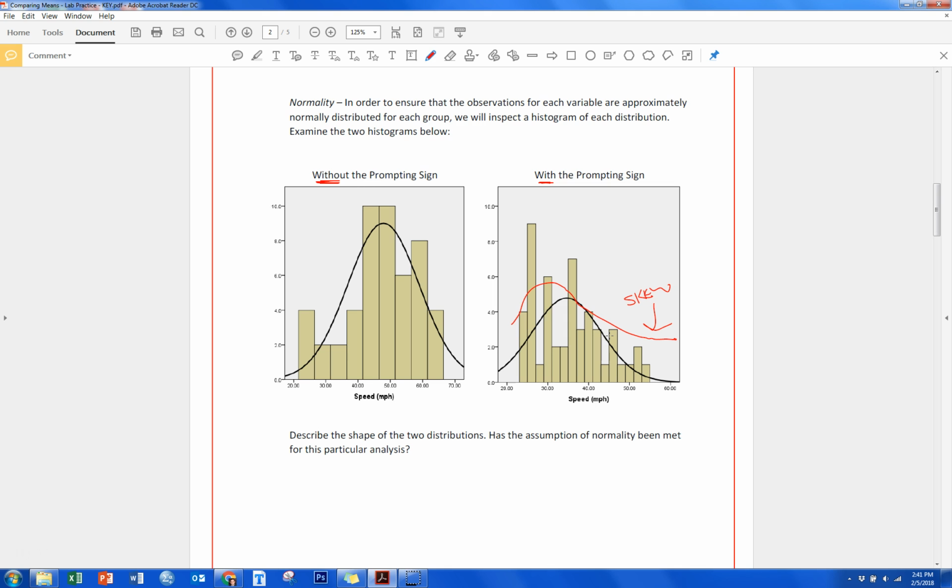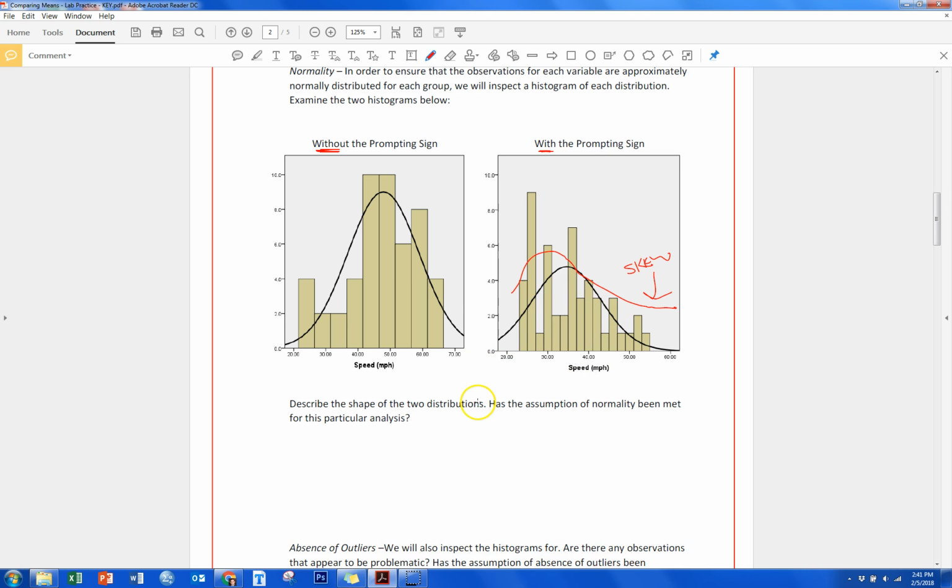It's only a problem if it really departs from normality, something where it's up here and then goes way out there. There's observations way out here, and most of them are over here. Right, way skewed. That's what we're concerned about. Here, it's still approximately normal with a moderate positive skew.